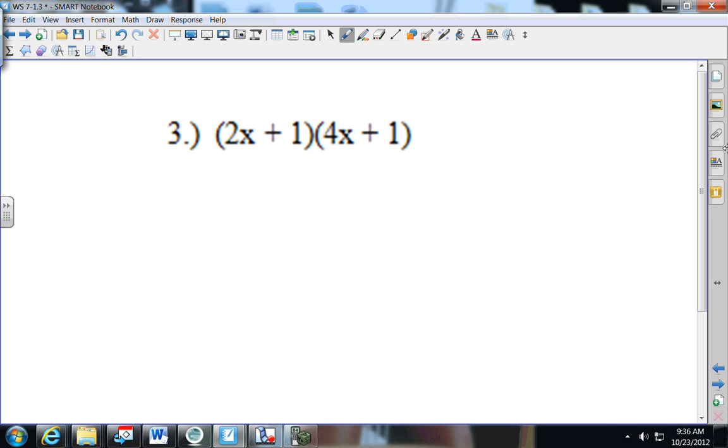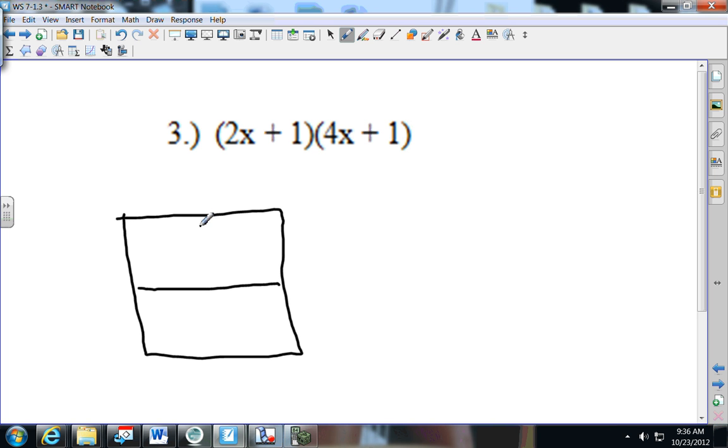On number 3, I'm going to draw my box, a 2 by 2. I get 2x plus 1 times 4x plus 1.